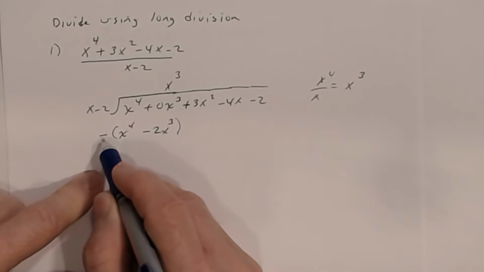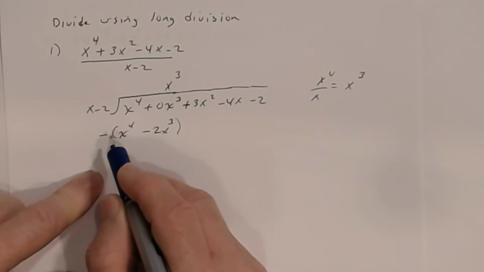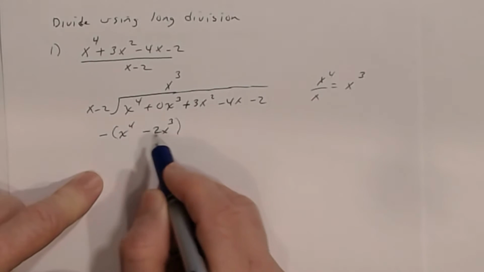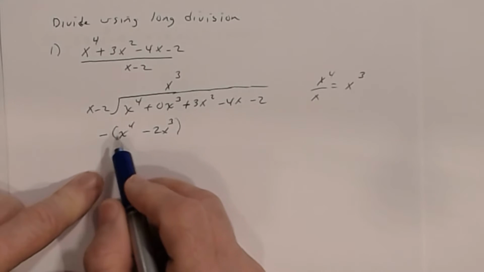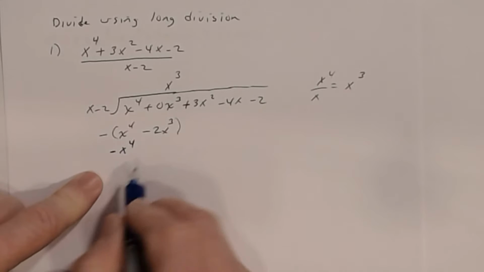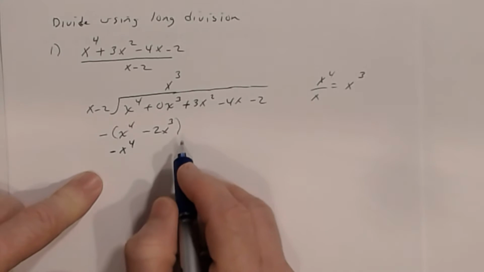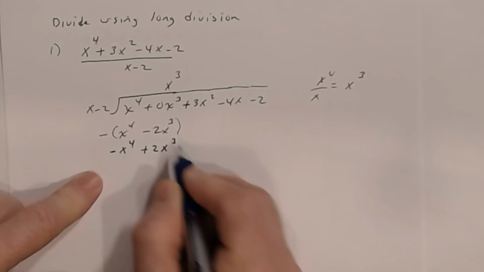Remember you must always subtract, and you're subtracting all these terms, so that's why I have that in parentheses. The opposite of x to the fourth is a negative x to the fourth. The opposite of a negative 2x cubed is a positive 2x cubed.